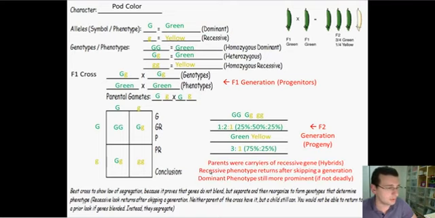And the conclusion is that if both parents are carrying both genes and are hybrids, the recessive phenotype returns after skipping a generation, but the dominant phenotype is still more prominent than the other one. And it's going to be more common in the population because of that, unless that causes disadvantage to the organism, in which case natural selection is going to select against that and cause the recessive to be more common. It is possible for the recessive phenotype to be more common.